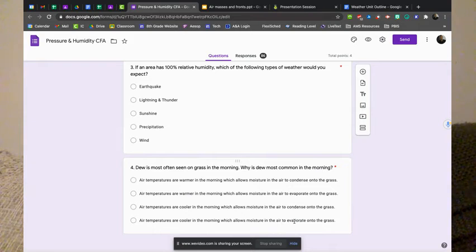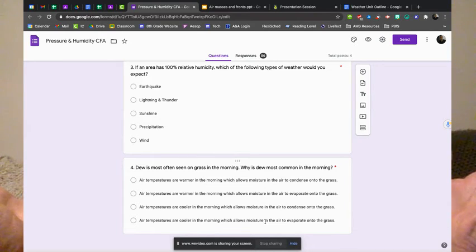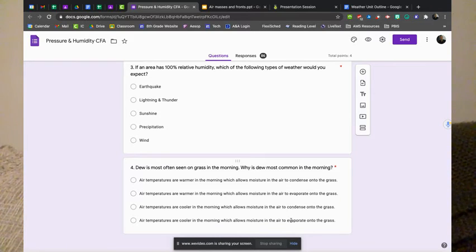And then on the other side, evaporation was going from a liquid to a gas. And so it doesn't make sense to me if we have cooler temperatures, but the air is evaporating onto the grass. It would be going from water in the air to a gas on the grass, which wouldn't make sense because that wouldn't give us dew in the end.